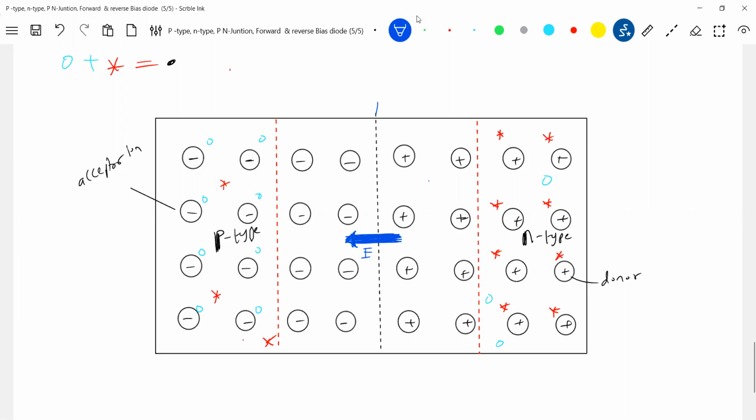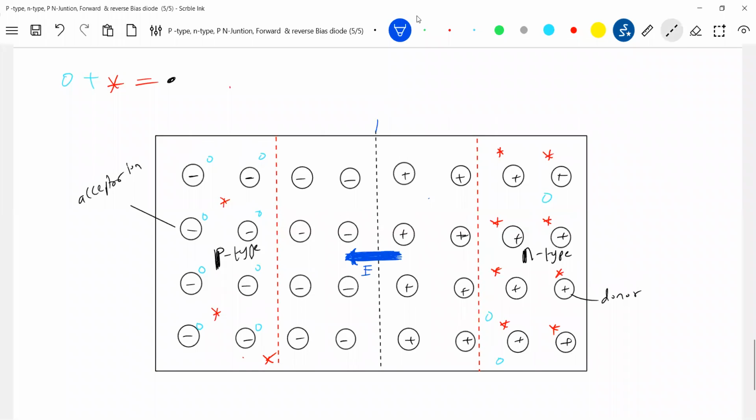Let's come to the electron. If an electron is in an electric field, this is E bar. If any electron is present, tell me in what direction it will experience a force.